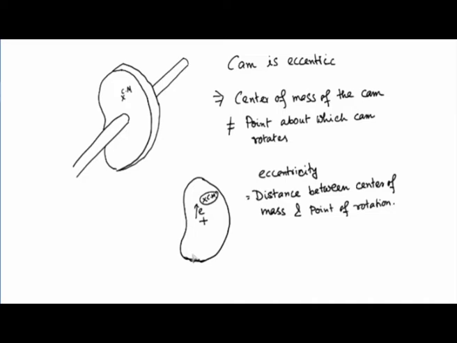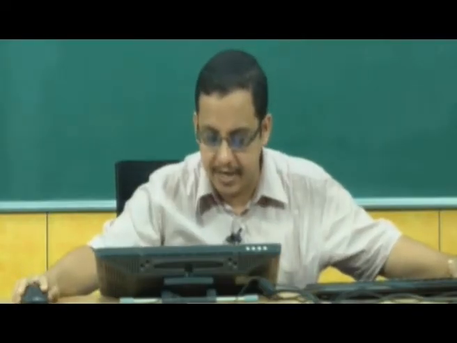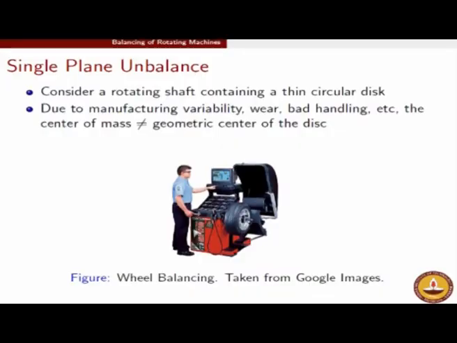But again, due to manufacturing variability, due to operational conditions, as the machine is operating, you will get to see, as it happens in the case of the wheel, because of non-uniform wear, that after the wheel has traversed a certain distance, the geometric center and the center of mass of the wheel are not coincident. This can also happen due to manufacturing variability. You don't expect that all wheels will be manufactured with exact precision.